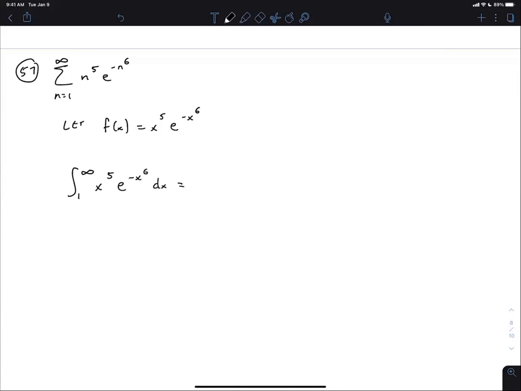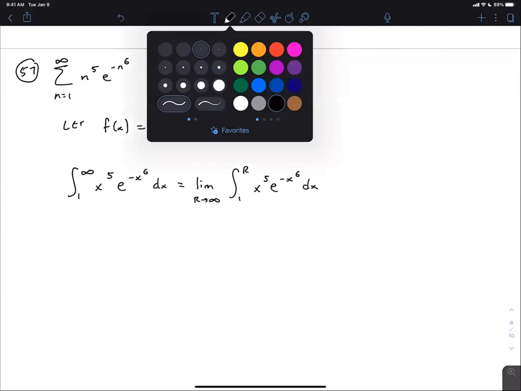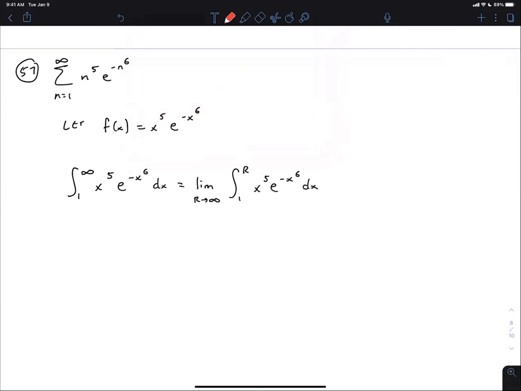Because it's going from 1 to infinity, we're going to go limit as r goes to infinity of the integral from 1 to r. That lets us do an antiderivative.